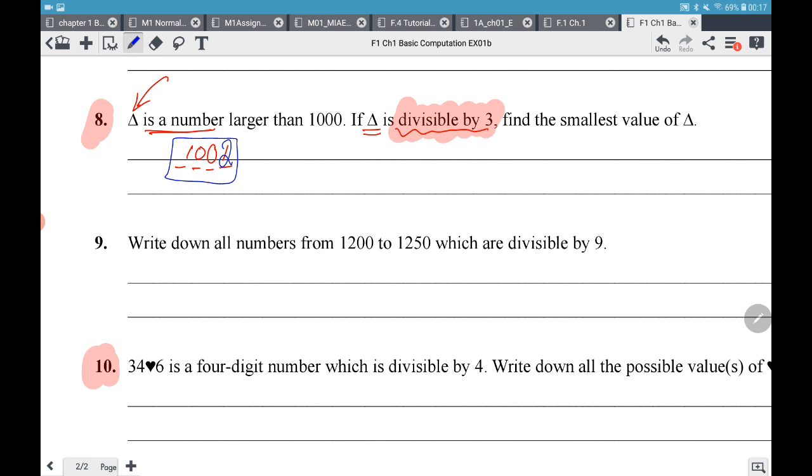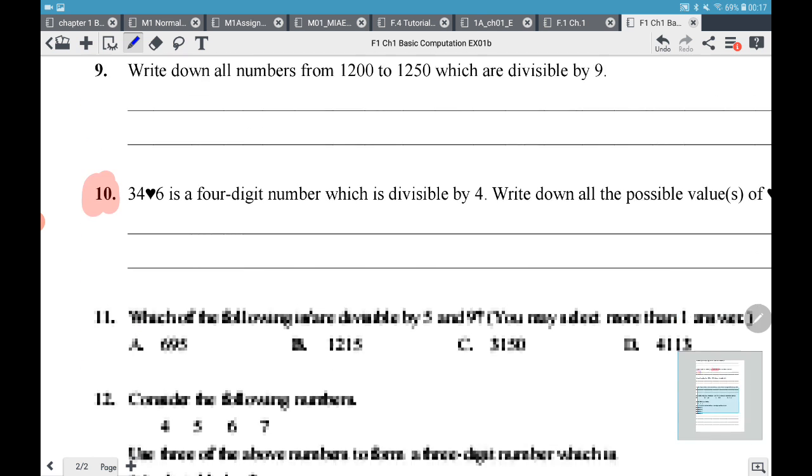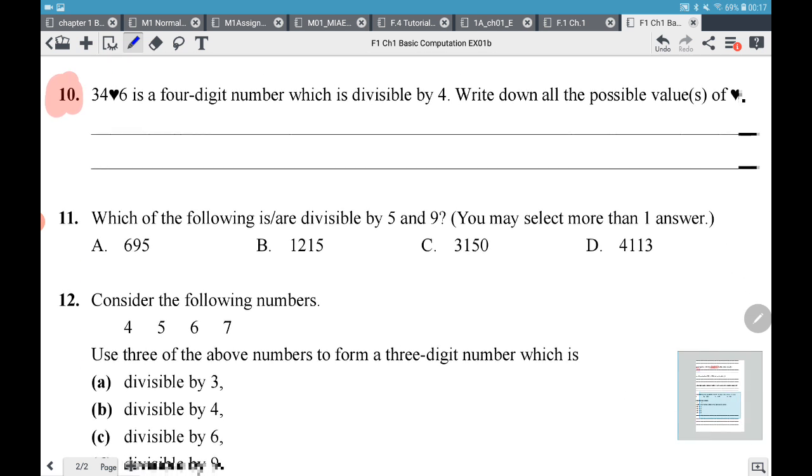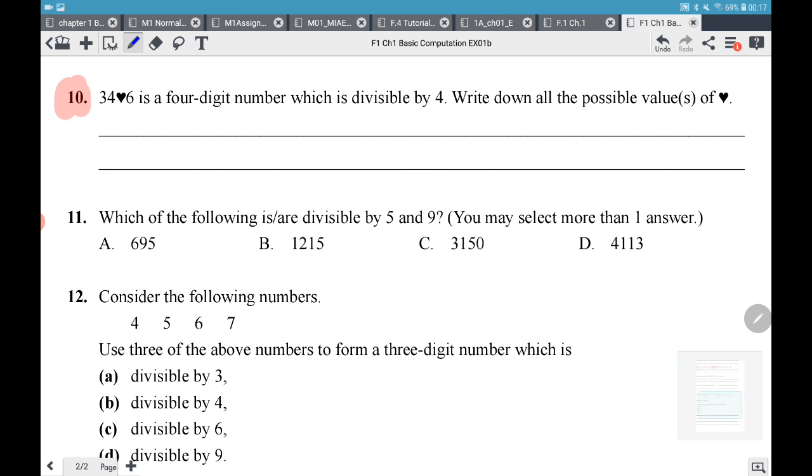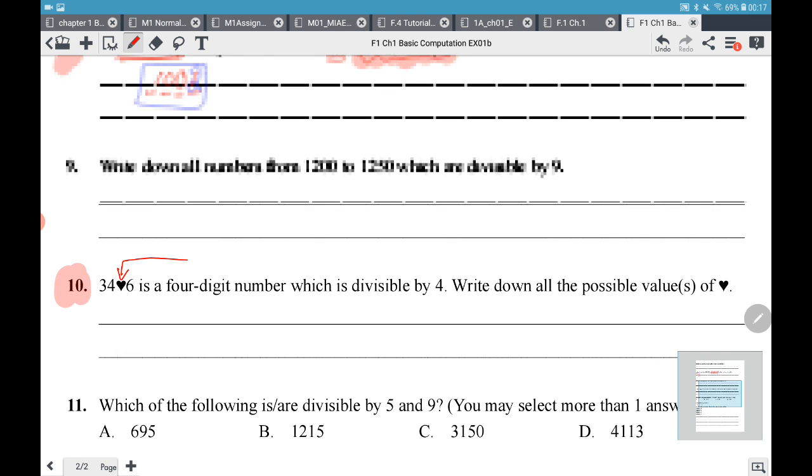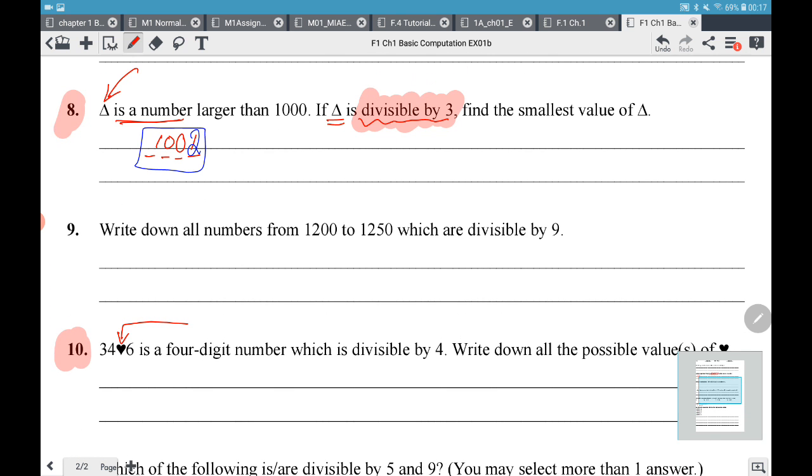Is that clear? And it is the last question that we talk about in this video, question 10. In question 10, we have another symbol, a heart. However, this symbol has a different meaning compared with the symbol in question 8. The symbol in question 8 is a number.